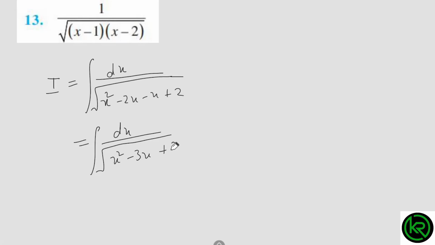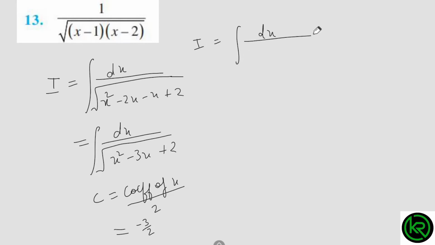Okay, next step is we have to get c. I am telling again, coefficient of x upon 2. So you are getting −3 upon 2. Okay, now we have to add and subtract c. So we will get here I equals ∫dx upon, we are getting x² − 3x.